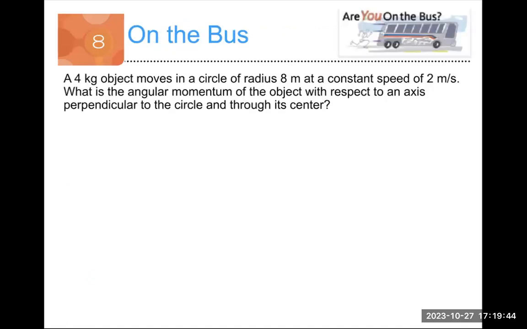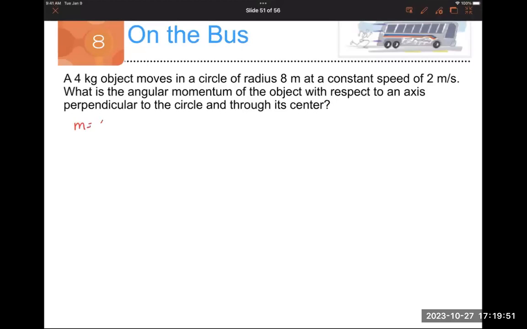Okay, let's look at a problem. We have a 4 kilogram object, so we know our mass is 4 kilograms. It's moving in a circle of radius 8 meters at a constant speed of 2 meters per second. You're asked for the angular momentum of the object with respect to an axis perpendicular to the circle and through the center.